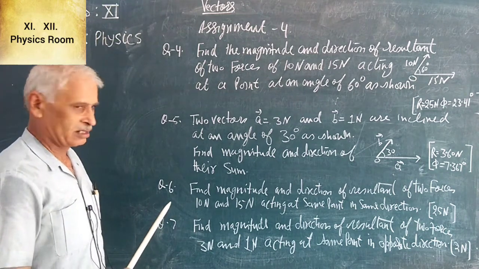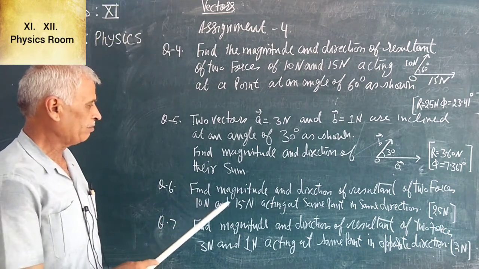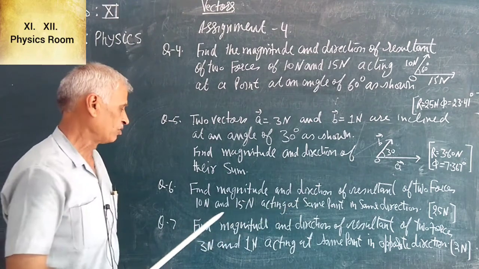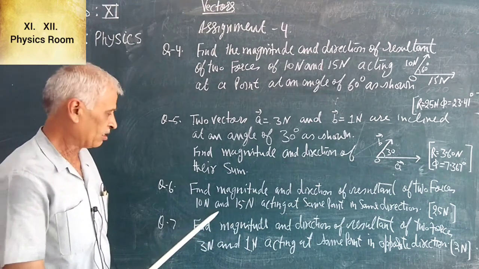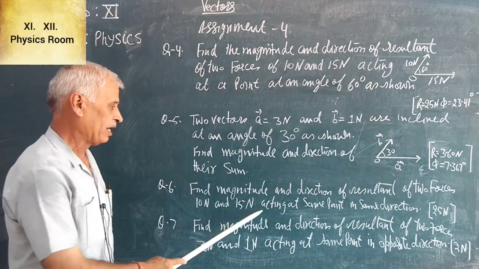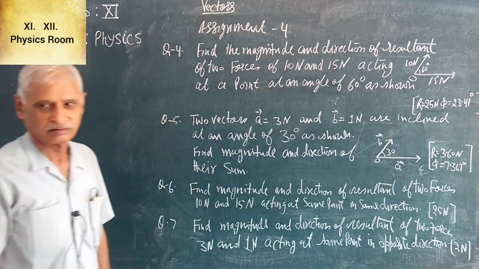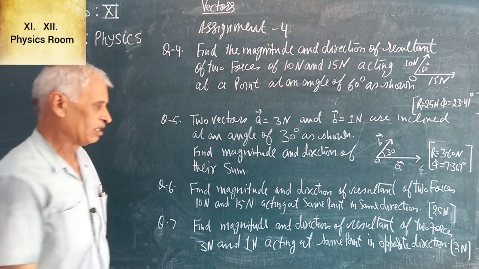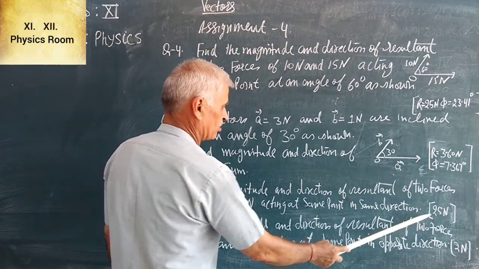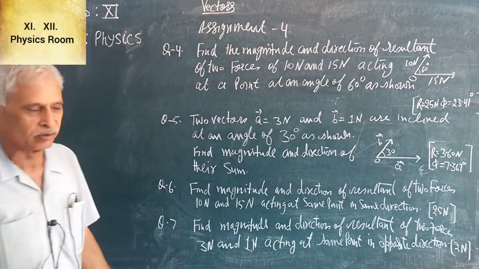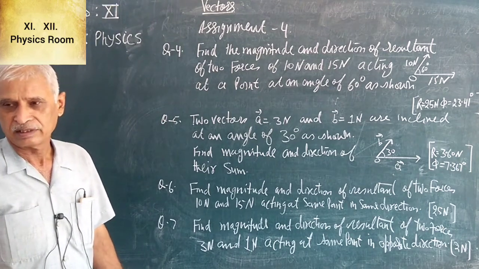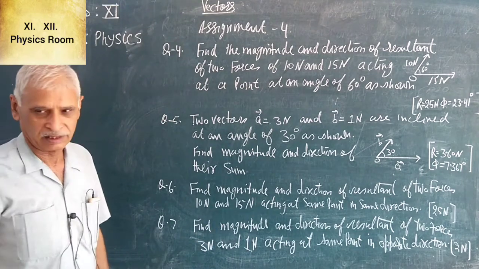Question number 6. Find magnitude and direction of resultant of two vectors 10 Newton and 15 Newton acting at a same point in same direction. So here is the result. You have to mention the direction also, and you have to find out and justify this result.